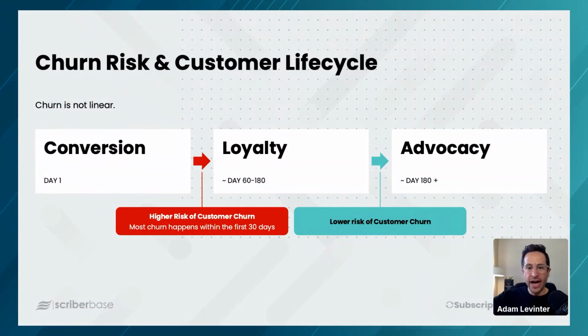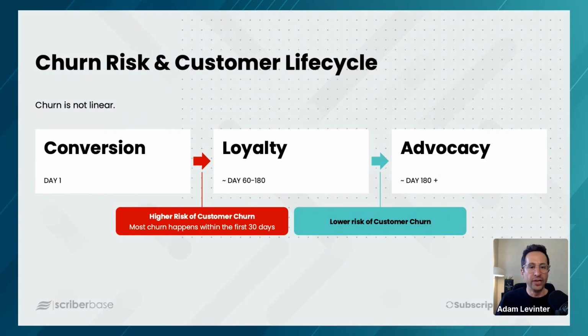And as you move out to the right, the customer becomes less of a churn risk, right? The probability of them churning declines, or the probability of them becoming a loyal subscriber, remember, increases the longer they stay with you.